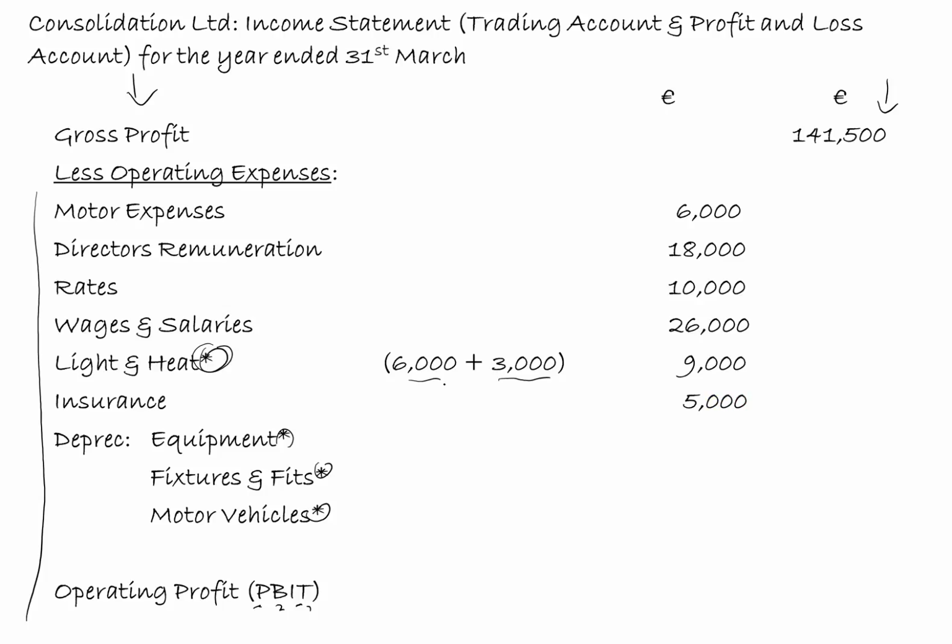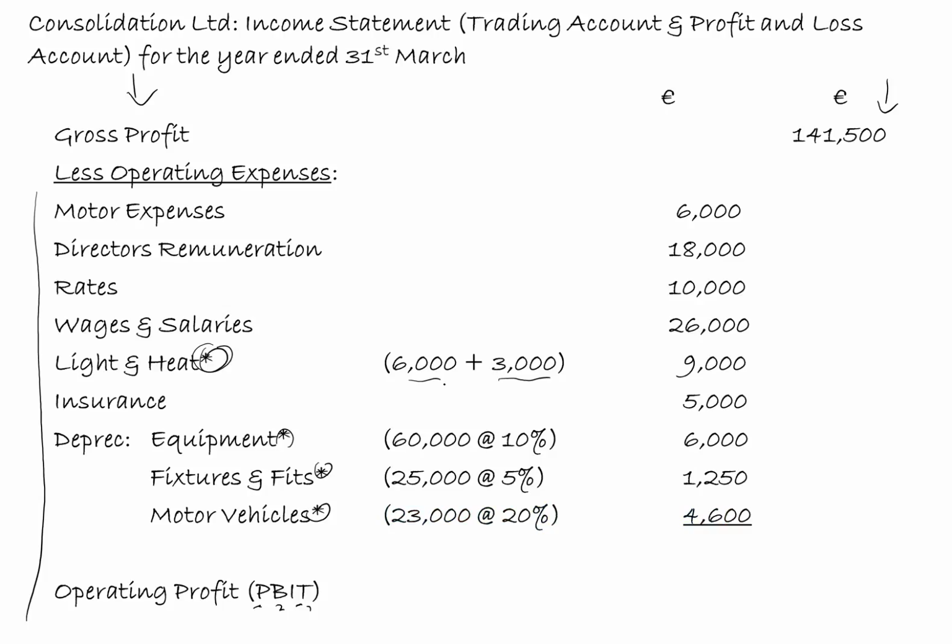Well, as I already noted, the equipment is 10% on the original cost, 60,000. The fixtures and fittings, it's 5% on the cost of 25,000, which gives me 1,250. And the motor vehicles, it's 20% on the cost of 23,000, which gives me 4,600.